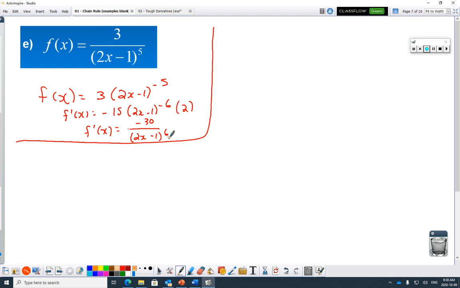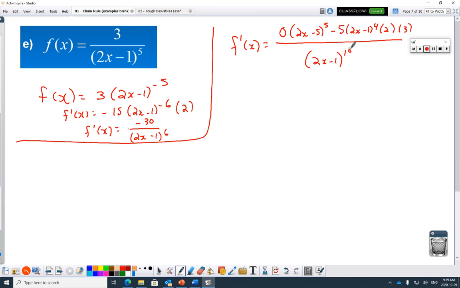If you did it as quotient rule, here it comes. F prime at x. Derivative of the top times the bottom minus derivative of the bottom times the top all over the bottom squared. You see how things get completely out of hand? And sometimes they're going to get completely out of hand. There's going to be no choice, but not when there's just a constant up at the top there.